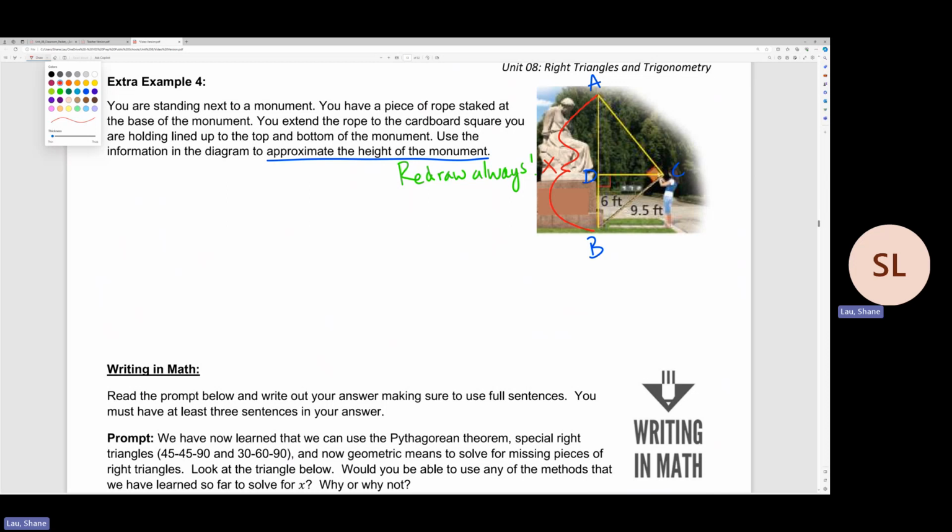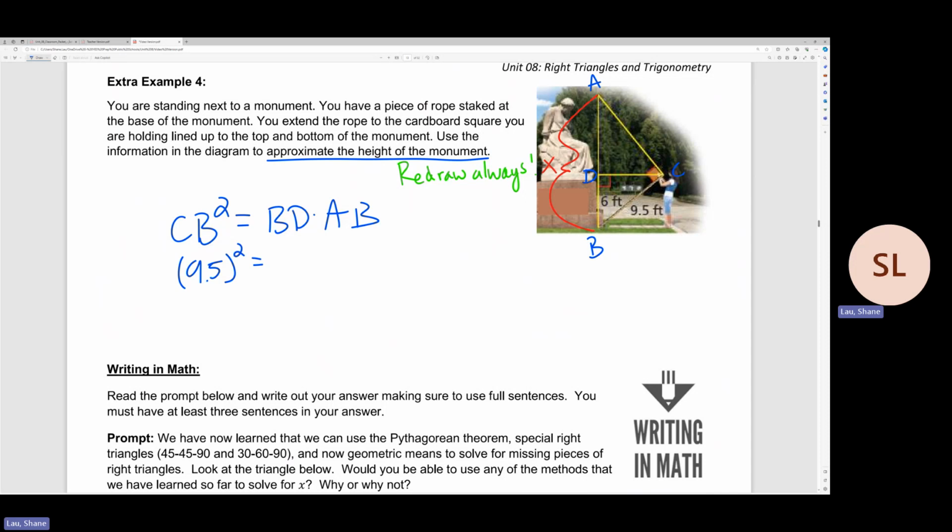If I take this approach, I can actually solve for that. I know CB squared is equal to that side BD times the entirety of the whole side, AB. I know what CB is, 9.5.